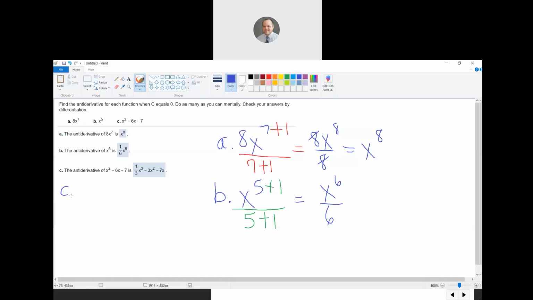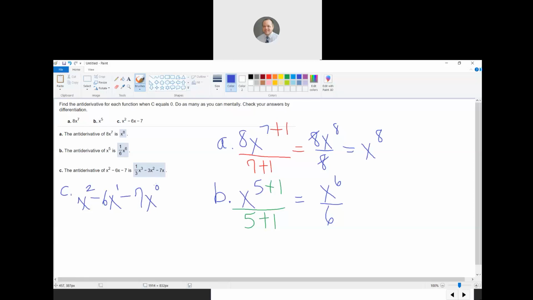Find the antiderivative of x squared minus 6x to the 1st power minus 7x. I'm going to rewrite that minus 7 as minus 7x to the 0 power because we know x to the 0 power is 1.